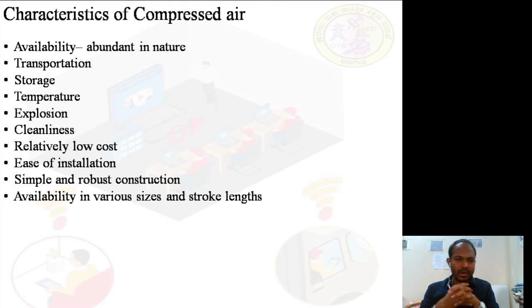And one more point I have missed is that the maintenance cost is also less. Why? Because air is being used, we do not have to frequently exchange anything except the seals. That is one major advantage. These are all the different characteristics of compressed air.